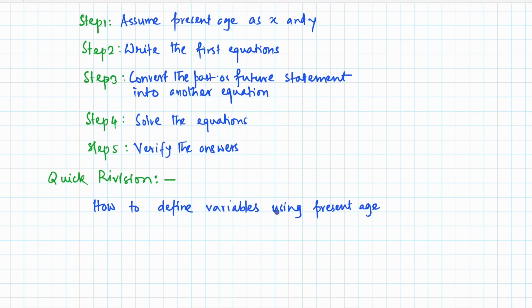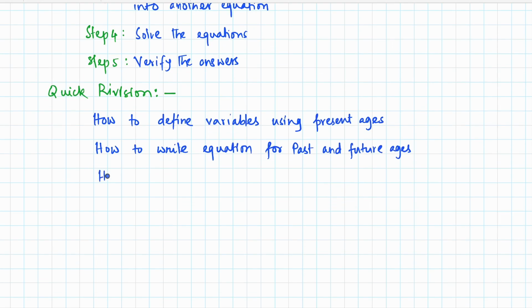Now, quick revision: how to define the variables for the ages. This is the first one we should remember. Then how to write the equations from the given statement, considering all the important words like past and future ages.